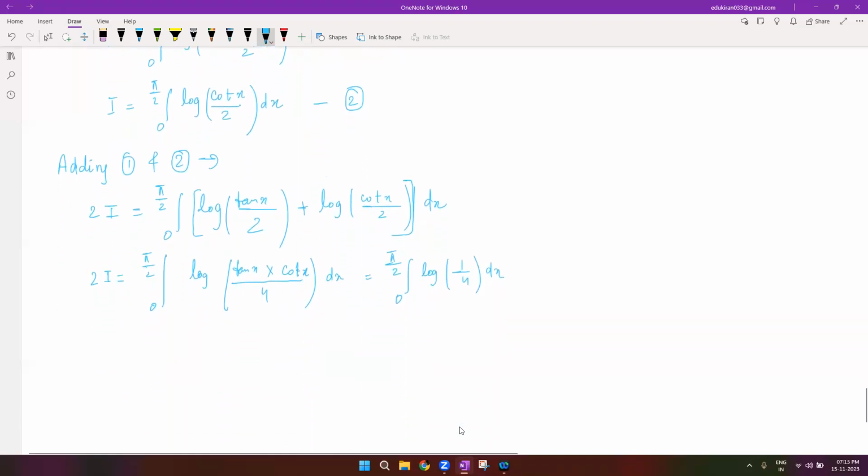This is also a constant. Now you take this constant out, and you can write 1 upon 4 as 4 to the power minus 1, and that minus 1 can be taken outside. So this will be minus log 4, from 0 to pi by 2.